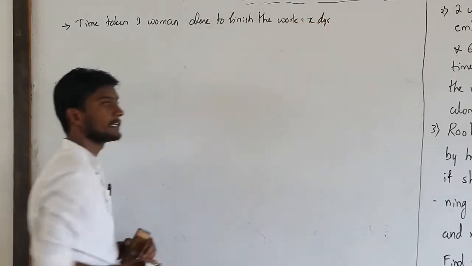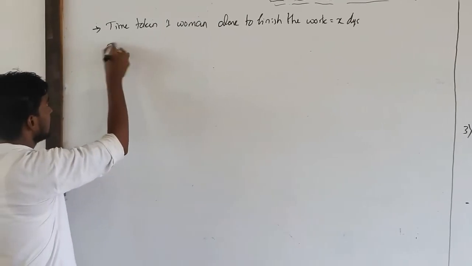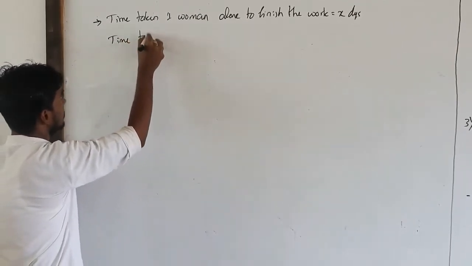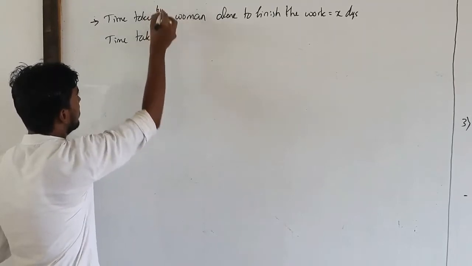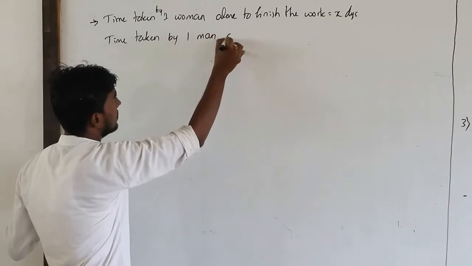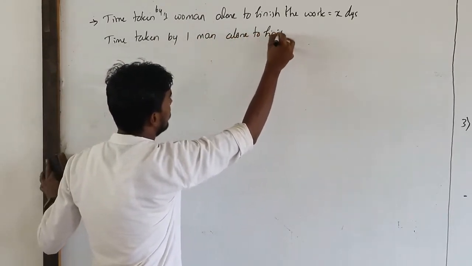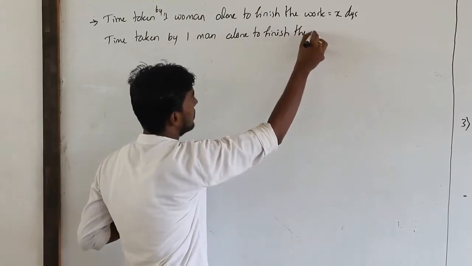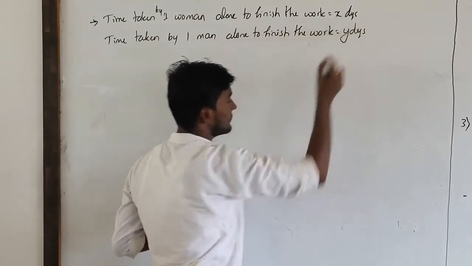We don't know how many days she will take, so I will take it as X days. In the same way, the time taken by one man alone to finish the work, I will take as Y days.